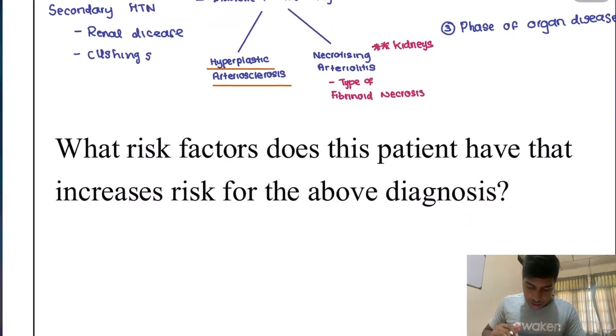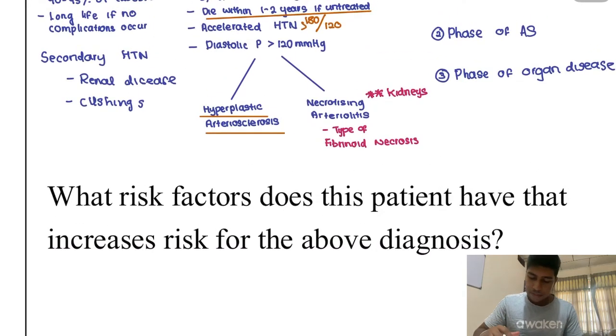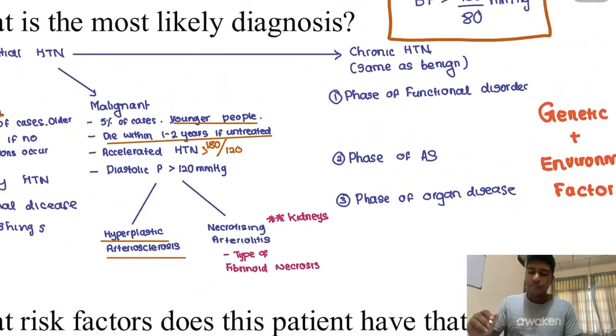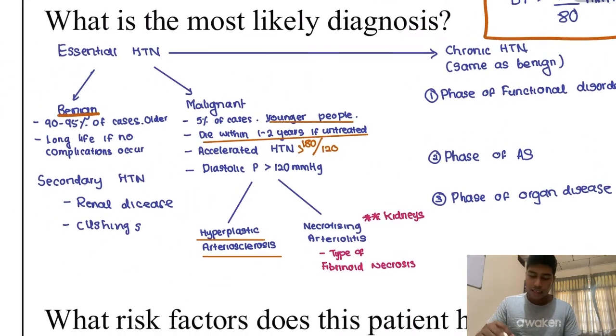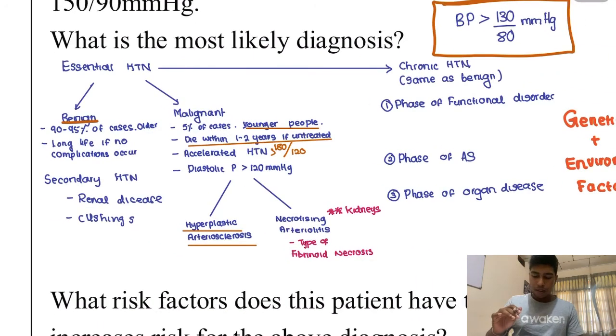The reasons for this are hyperplastic atherosclerosis, again related to kidney, and necrotizing arteriolitis. It's a type of fibrinoid necrosis that affects the kidney. There's nothing much to explain in this, but basically what you need to know about malignant hypertension is it affects younger people.